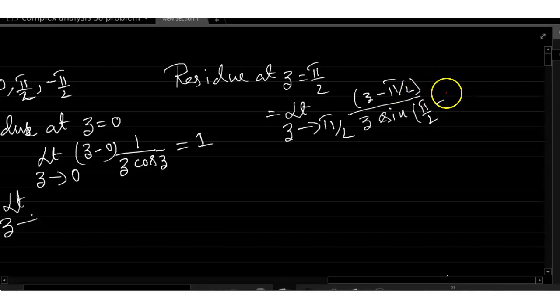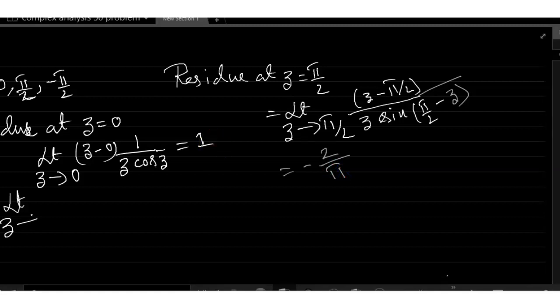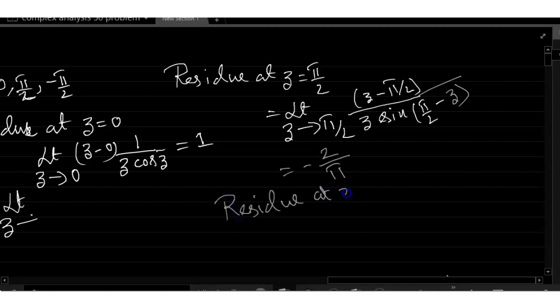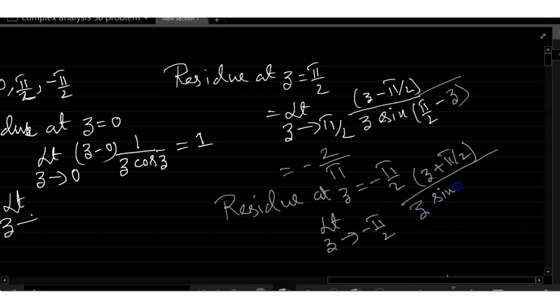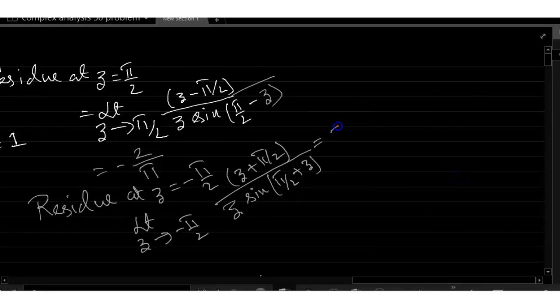So we get this value as −2/π. The residue at z = π/2 is −2/π. Now the residue at z = −π/2, the limit as z tends to −π/2, is also −2/π.